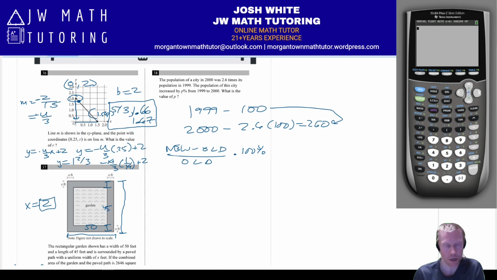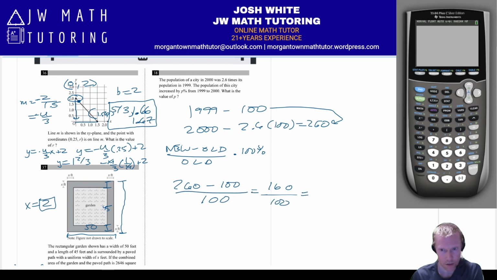We do want it to be in a percentage, so we would technically multiply our answer by 100. So all we're going to do is 260 minus 100 divided by 100. So we get 160 divided by 100, which is 1.6, and now times the 100%.